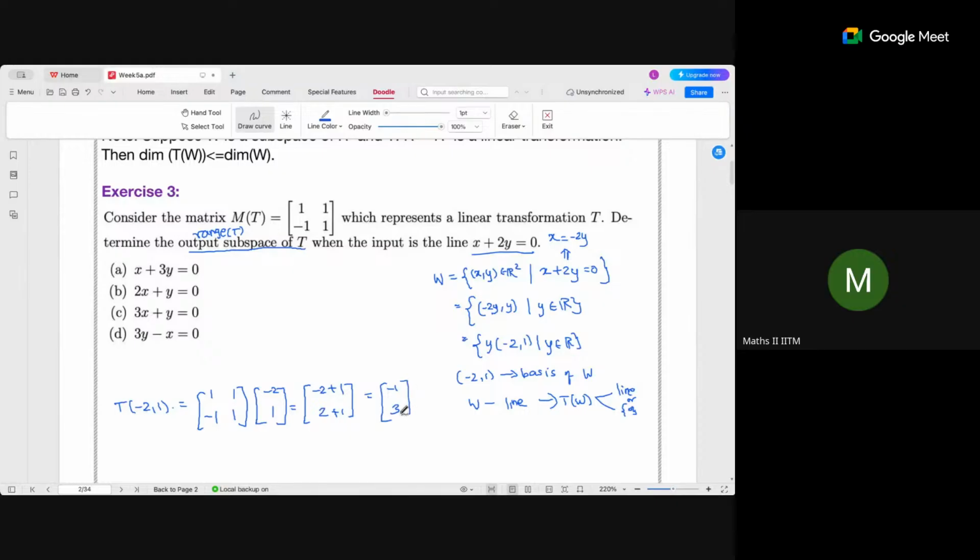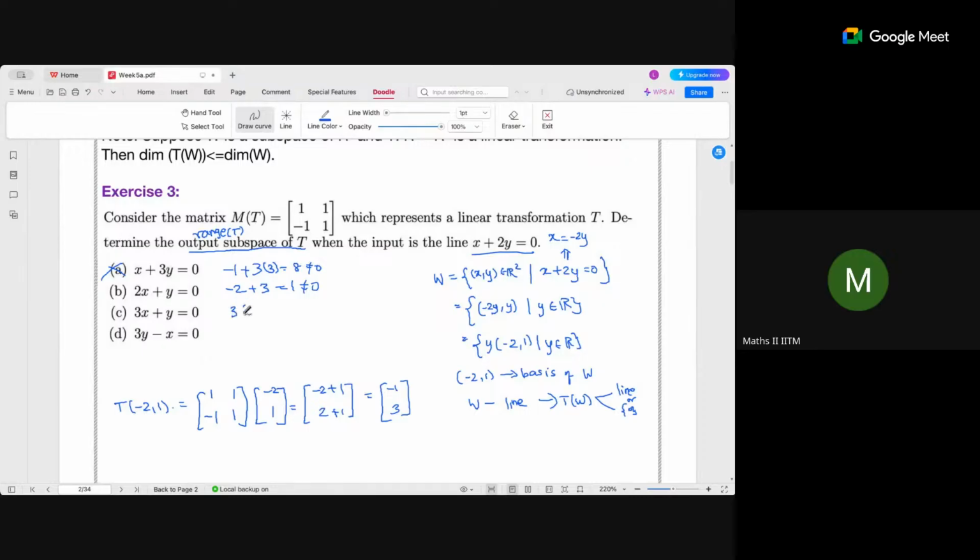Which of these lines given here contain this vector (minus 1, 3)? Not this one: here minus 1 plus 3 into 3 is actually 8. And here minus 2 plus 3 is 1, again non-zero.